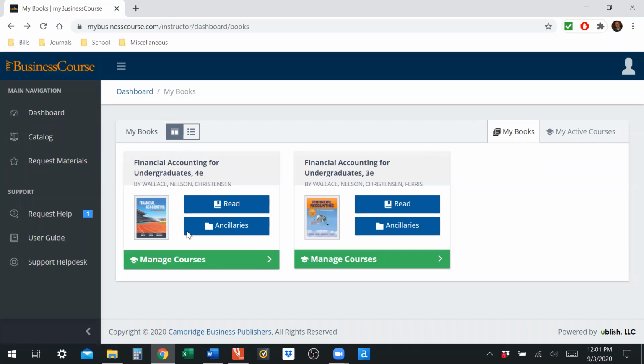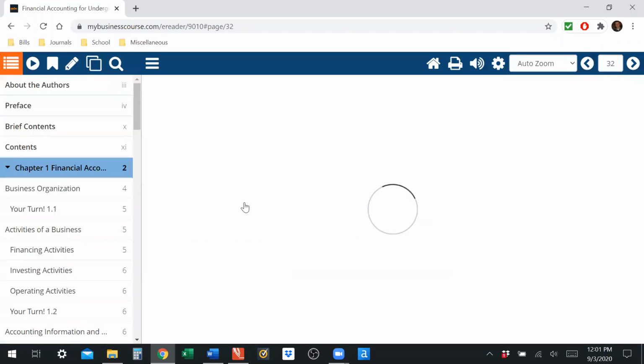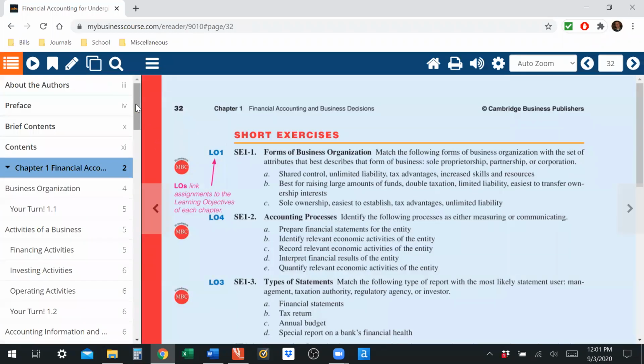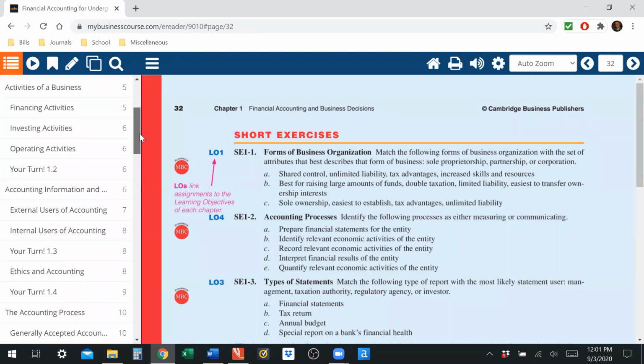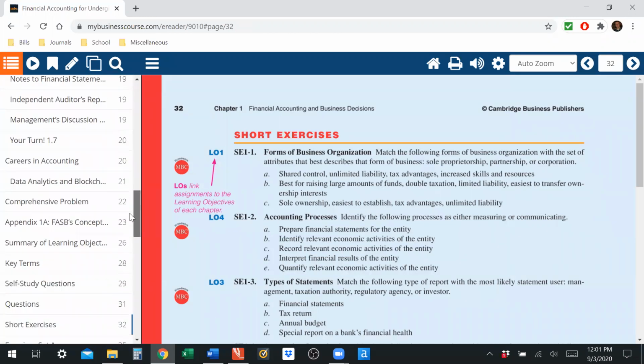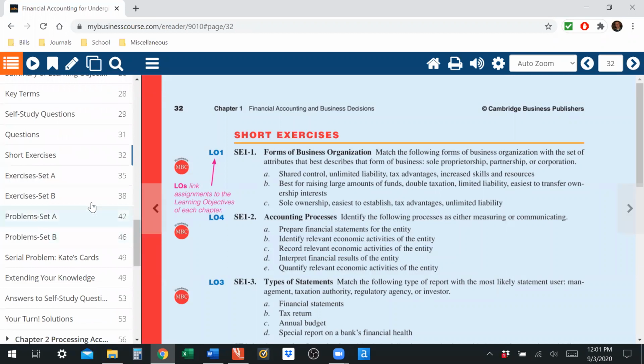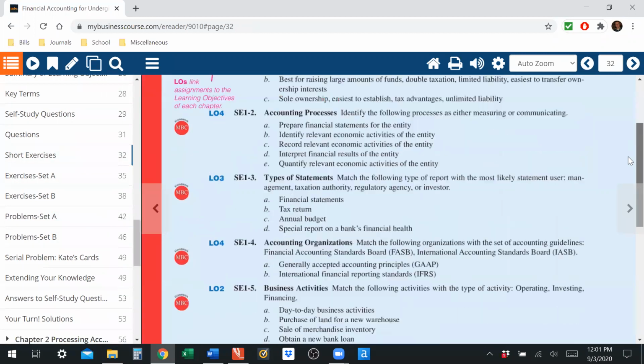And I imagine it looks similar to how it does on my screen. And you just go to read. If you have any other questions, ask me in an email or ask one of the other students who've already purchased the ebook with My Business Course, and they know how it works. But I hope that helps you, David.